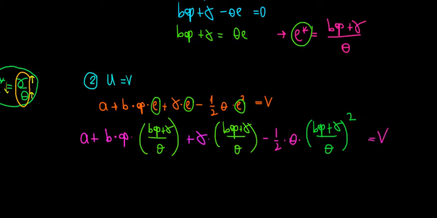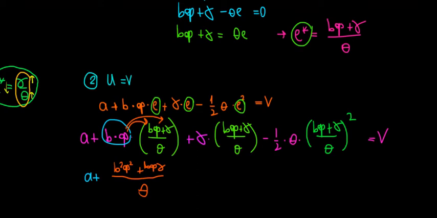Now, with that said, we can open the brackets. Let's see what we get. We have A plus B theta times this thing. So we're going to multiply every term, and let's try to keep some different colors for that. B theta times B theta is going to be B squared theta squared, plus B theta times gamma, so we have B theta gamma, all of this divided by theta.